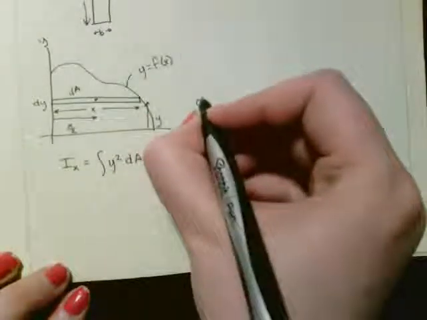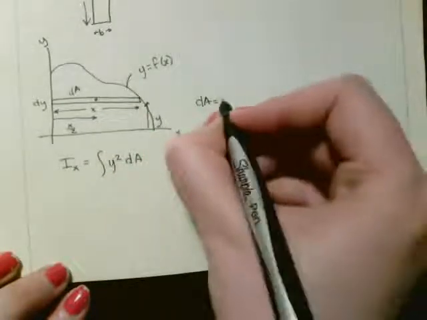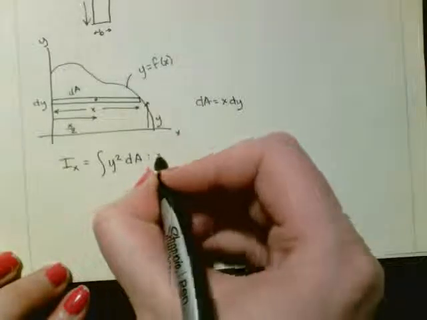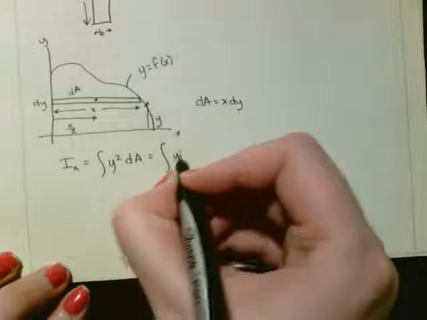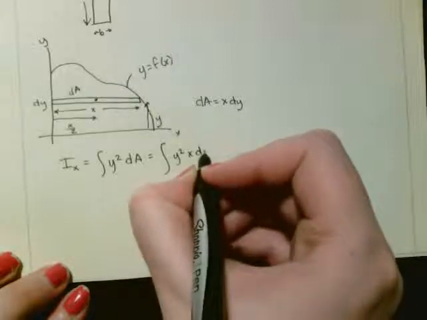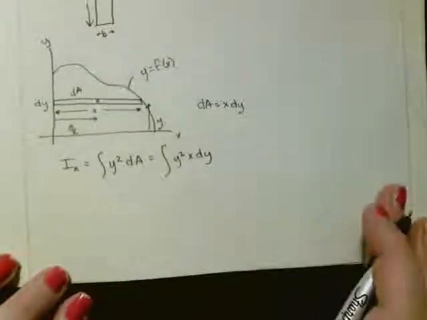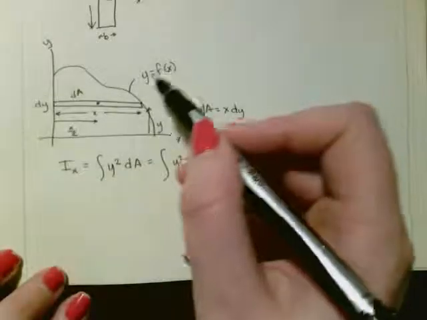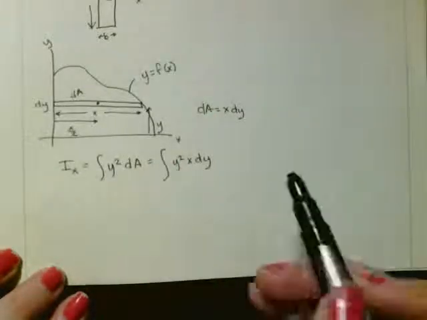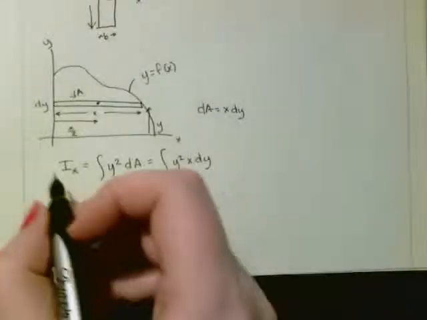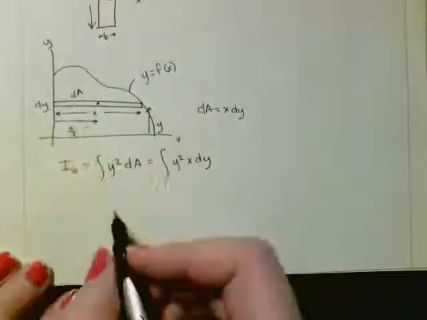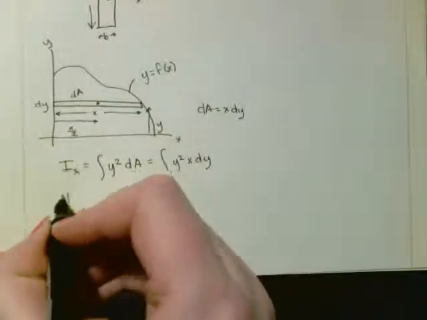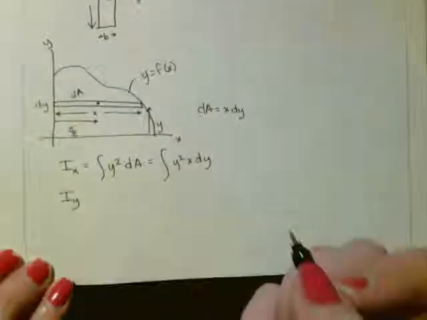And in this case, dA is going to be equal to x dy, such that I plug that in, y squared x dy. And I can use the limits of integration as well as this to solve for what Ix would be. But if we were using the same differential element to solve for Iy, we would have to look at it differently.